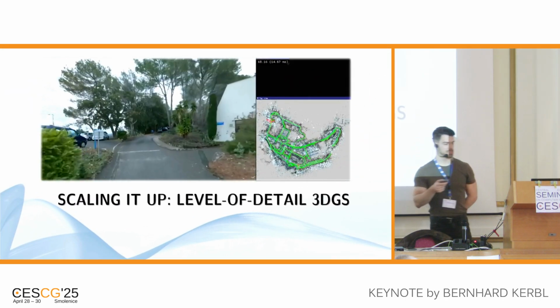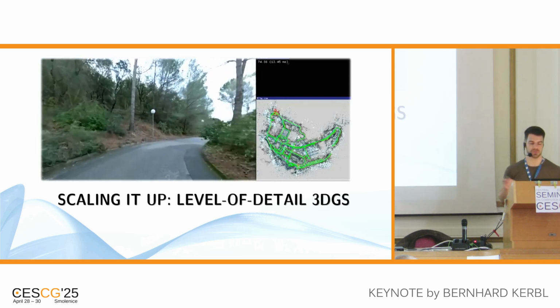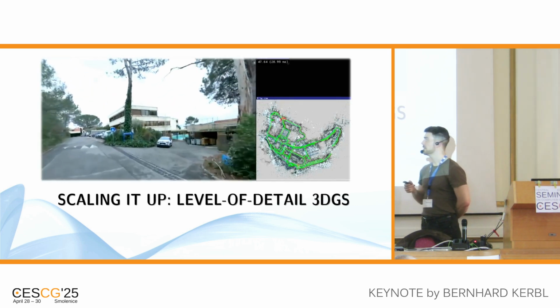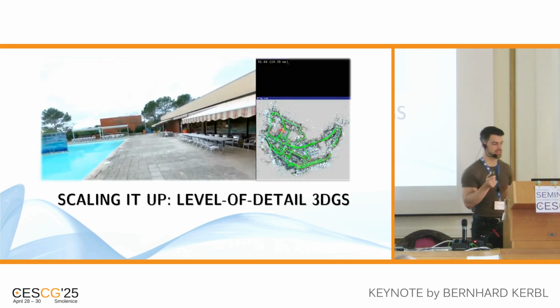So this is what brings us to level of detail 3D Gaussian splatting, where we are trying to scale up the approach. And this is now an actual fly-through of a reconstructed 3D Gaussian splatting scene.